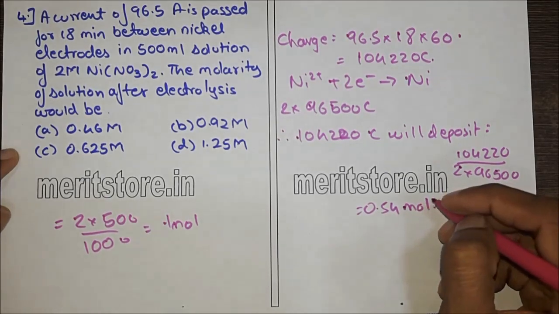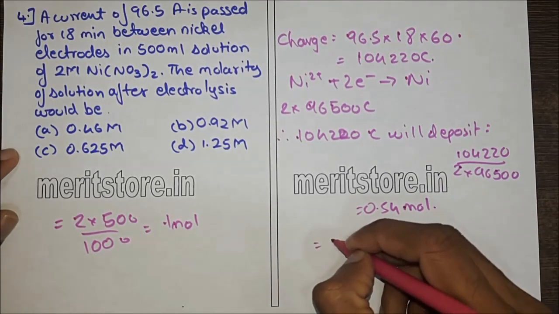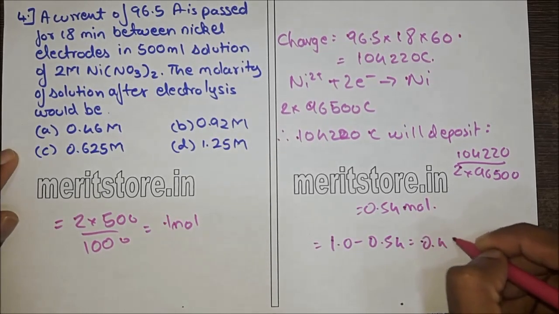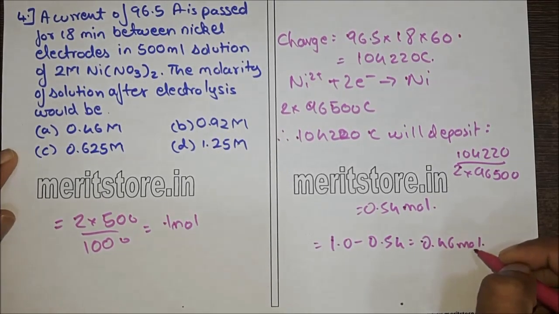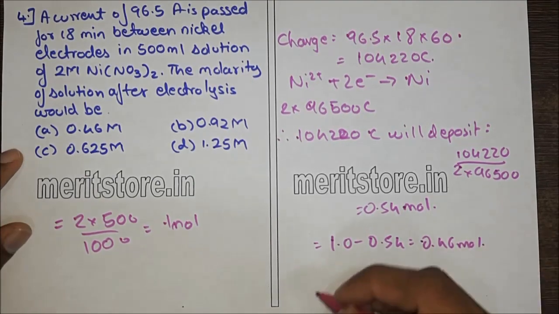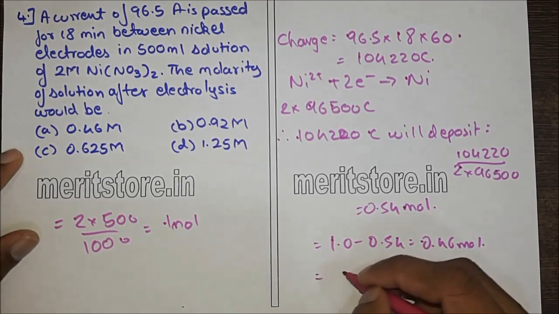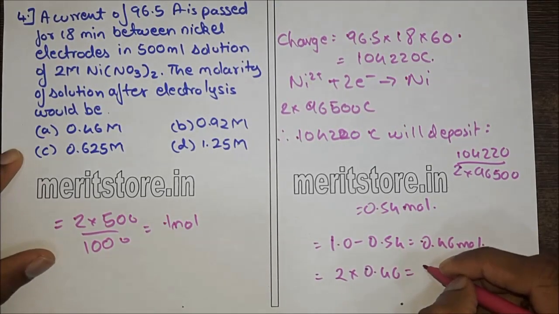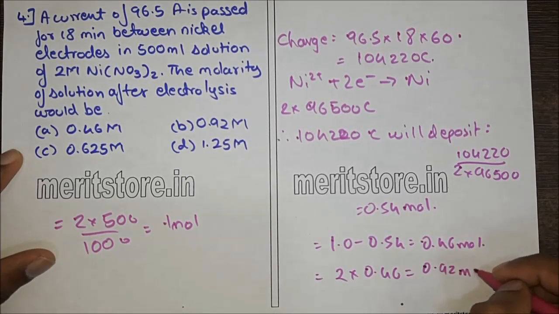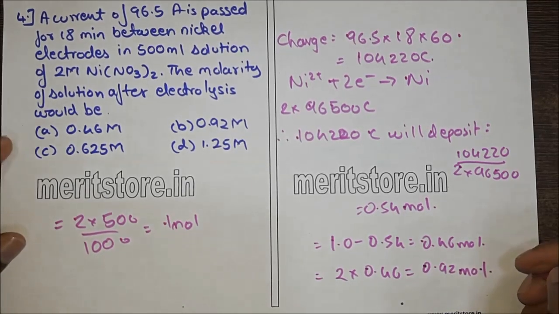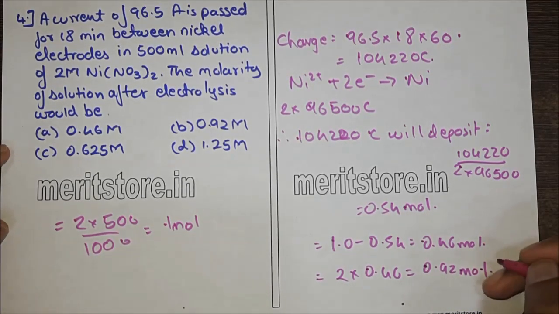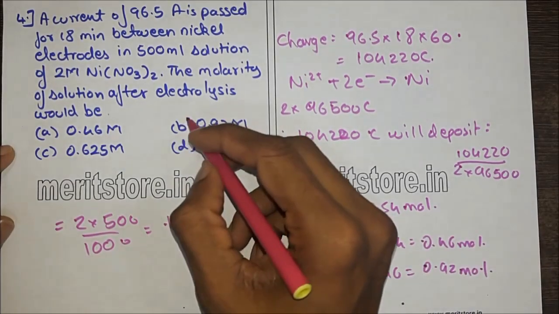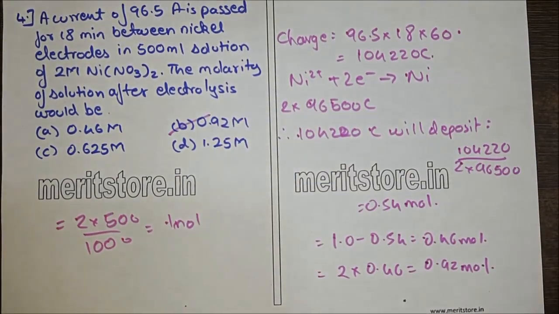So moles of nickel nitrate left is equal to 1.0 minus 0.54, which is equal to 0.46 mole. Thus the molarity of the nickel nitrate solution is 2 into 0.46, which is equal to 0.92 molar. Therefore, our answer matches option B. Option B is the correct answer.